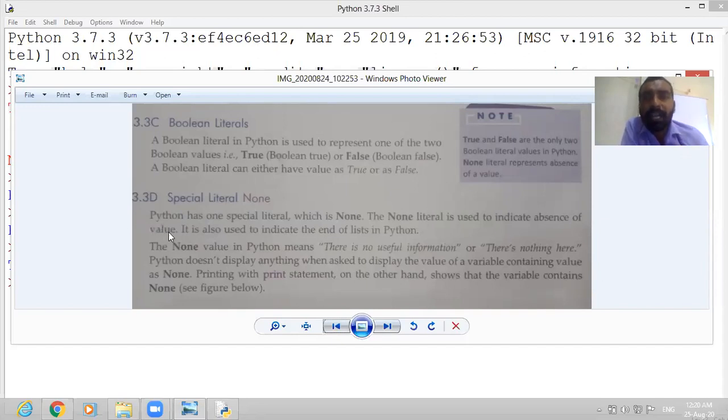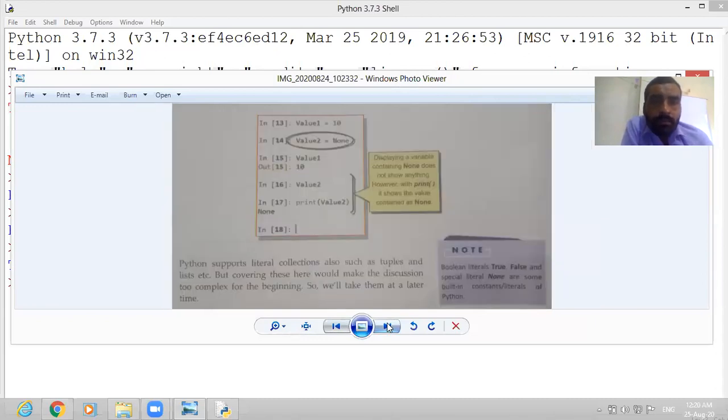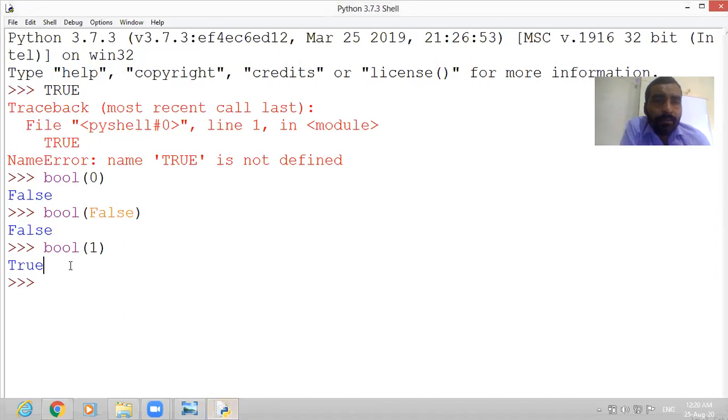Like here in Python, let us write A equal to None. Now let us print A. What did you find? None. That means A does not have any value.